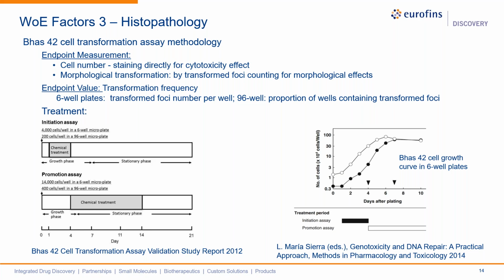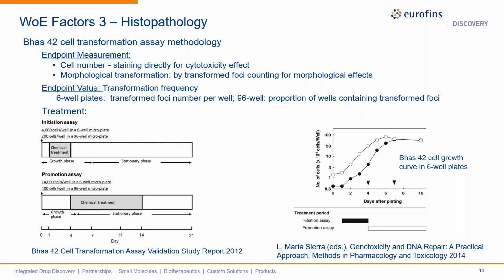Looking at the endpoint measures, there are 2 key parameters of the cell transformation assay. First, cell number quantified by staining directly measures cytotoxicity, giving us immediate insight into compound toxicity. Second, we also assess morphological transformation by counting transformed foci, which indicates actual carcinogenic potential through visible cellular change.